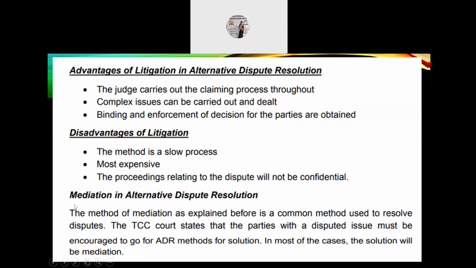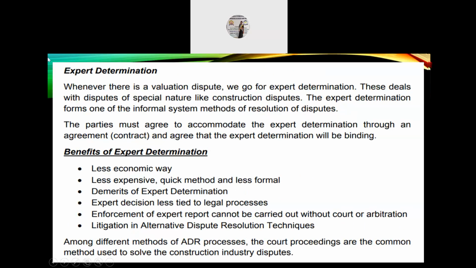Next, expert determination. Whenever there is a valuation dispute, we go for expert determination. This deals with disputes of a special nature, like construction disputes. Expert determination forms one of the informal methods of resolution of disputes. The parties must agree to expert determination through a contract, and the agreed expert determination will be binding.